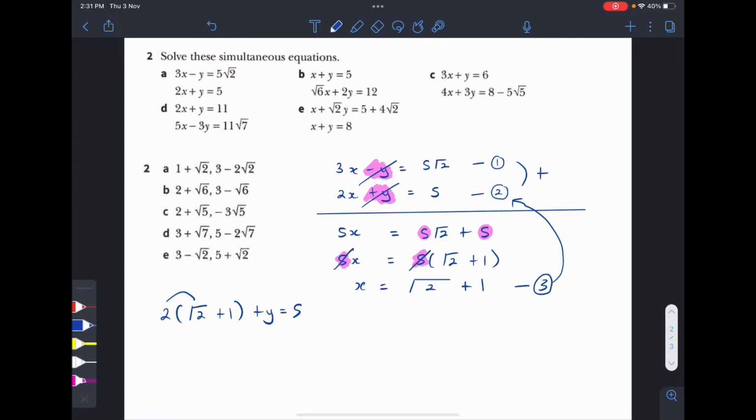Expand it like normal, so you will get 2√2 plus 2 plus y equals 5. We're trying to make the y alone, guys. So what I'm going to do is move the positive 2 and the 2√2 to the right side. So 5 minus 2 will get me 3 minus 2√2. Yeah, I would say that's my final answer.